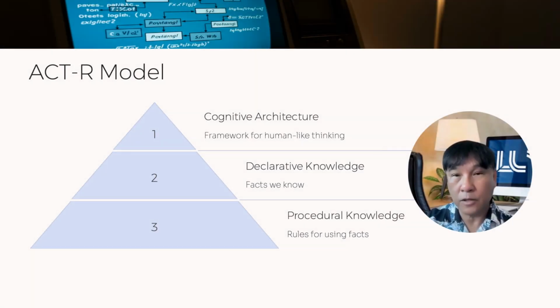A key extension of symbolic AI was John Anderson's ACT-R model, which proposed that our minds operate through a combination of declarative, factual, and procedural, rule-based knowledge. This idea built upon Newell's framework, but added psychological realism. However, while symbolism excelled in rule-based problem-solving, it struggled with ambiguity, learning, and adaptability, shortcomings that connectionism sought to address.